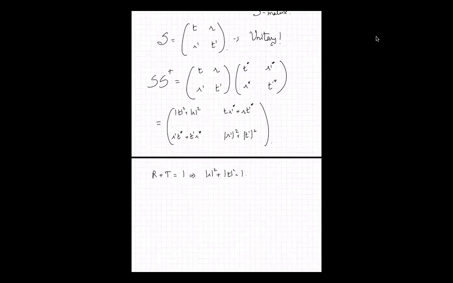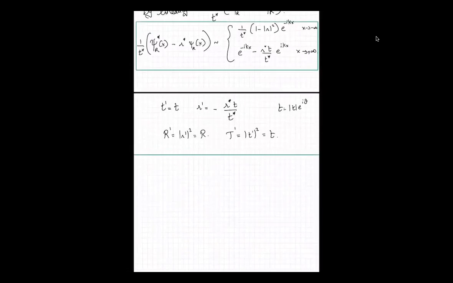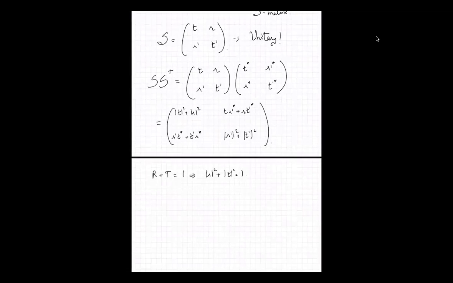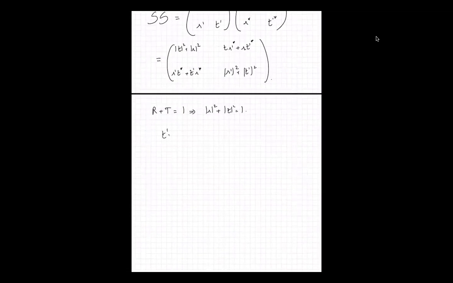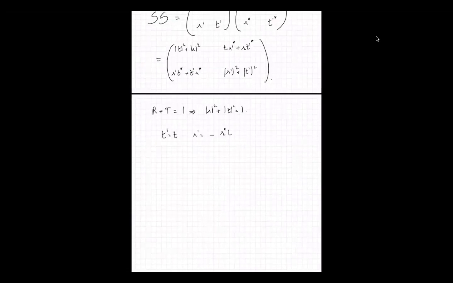From the off diagonal elements, we established a relation between the transmission and reflection coefficients from the left and the right in the last lecture, which is this: T prime equals T and R prime is minus R star T over T star. Using this, you can actually prove that the off diagonal elements are equal to 0.